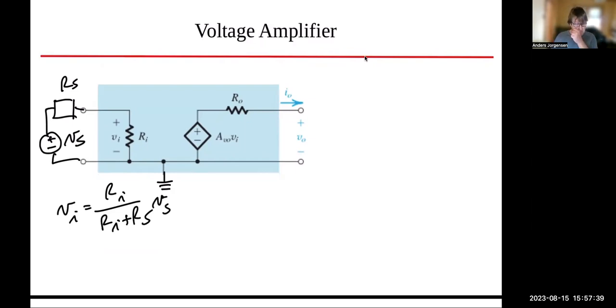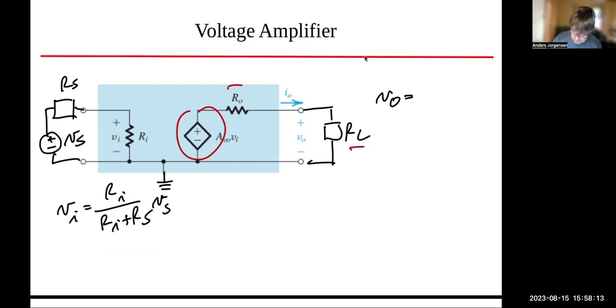On the output, we can attach a load as well, or attach a resistor, which will be the load. Here's a load, I call it RL. And so the output voltage VO is going to be equal to the voltage on the voltage source divided between these two resistors.